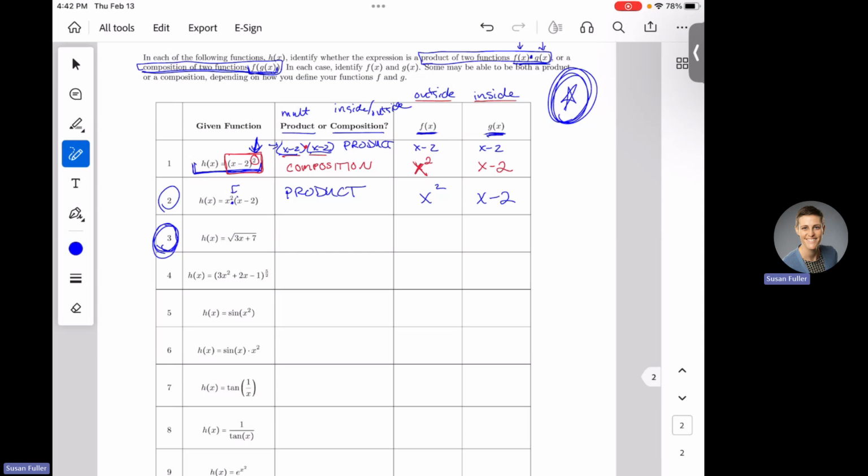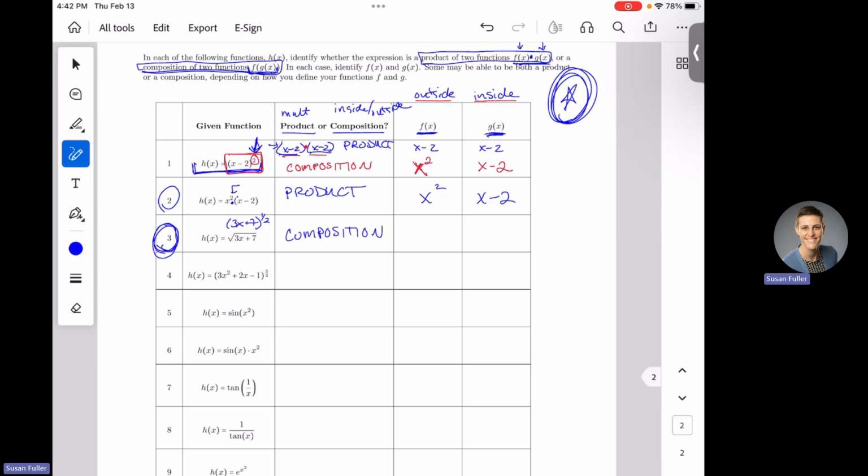This really means an exponent, right? That means 3x plus 7 is being raised to a power. So roots aren't multiplication, it's a power. So there's no multiplication here. So this is definitely not a product. This is a composition. It can't be both. It's just composition. There's no multiplication happening here.